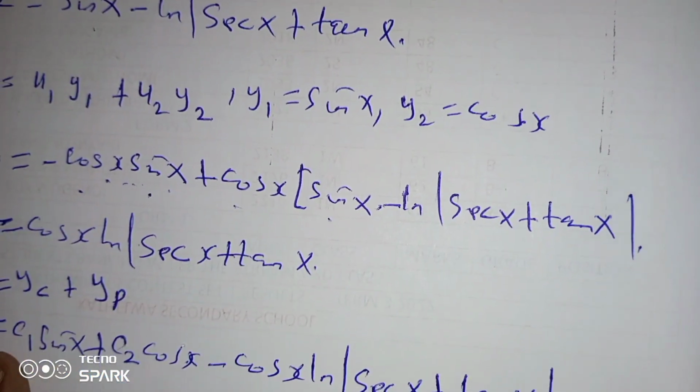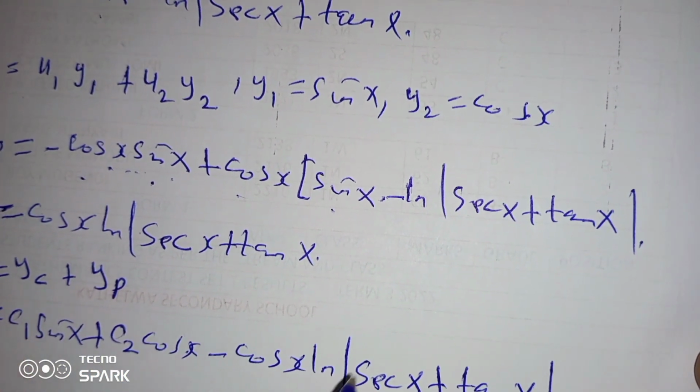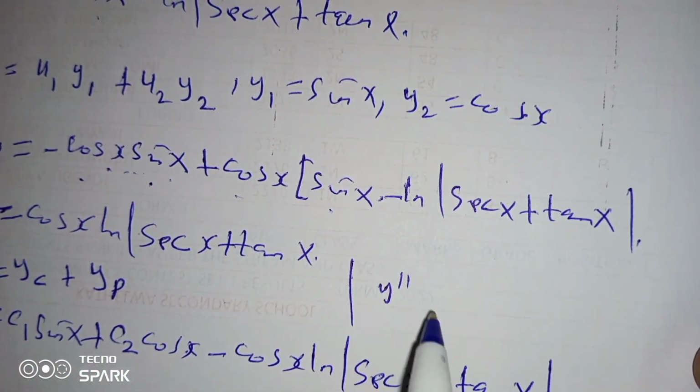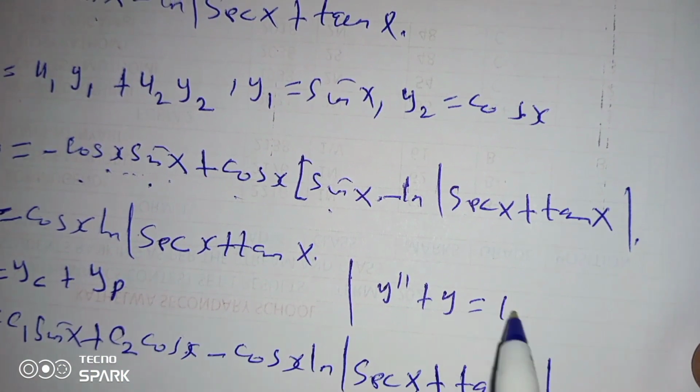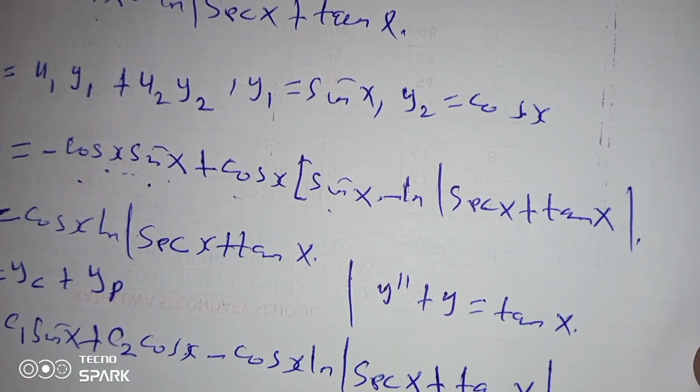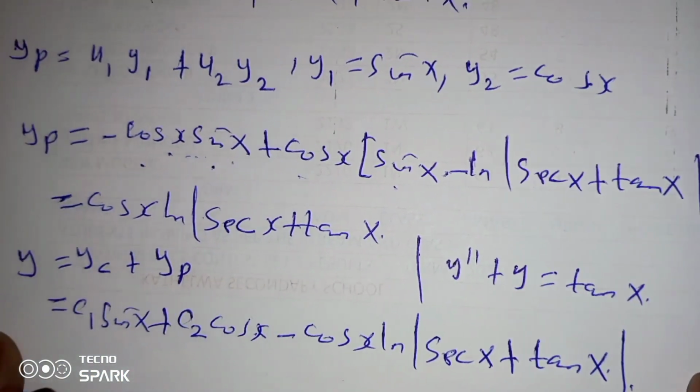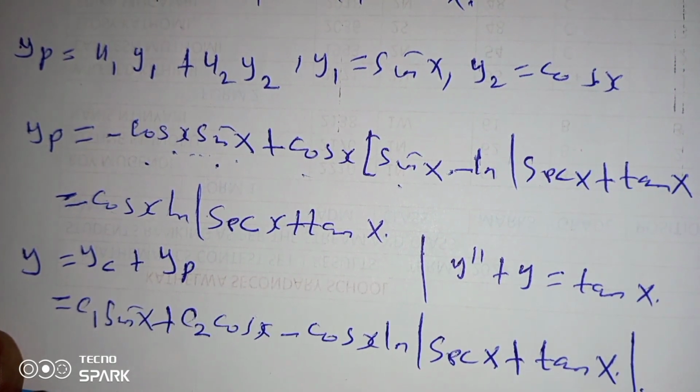So that is our solution of our given ODE. Our ODE was y double prime plus y is equal to tan of x. So that is our solution using the method of variation of parameters.